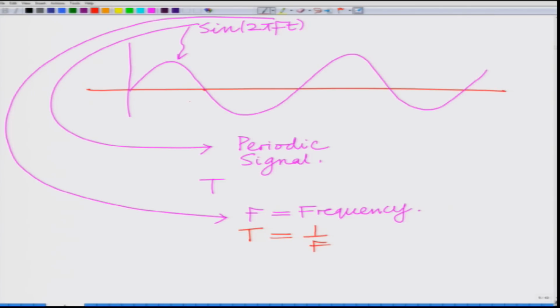So, this point is 1 over 2f, this point is 1 over f, this point is 3 over 2f, this point is 2 over f, and so on. So, this is the sinusoidal signal.